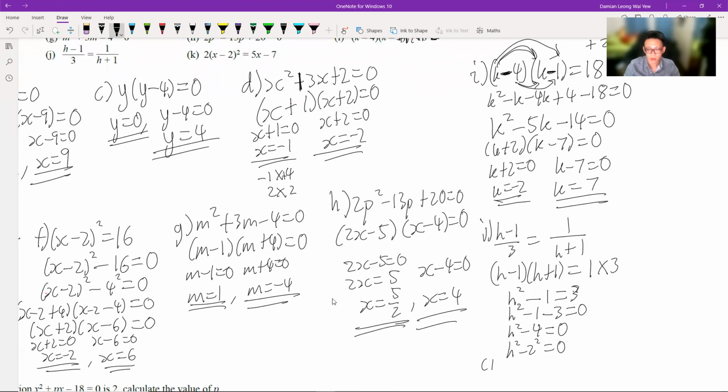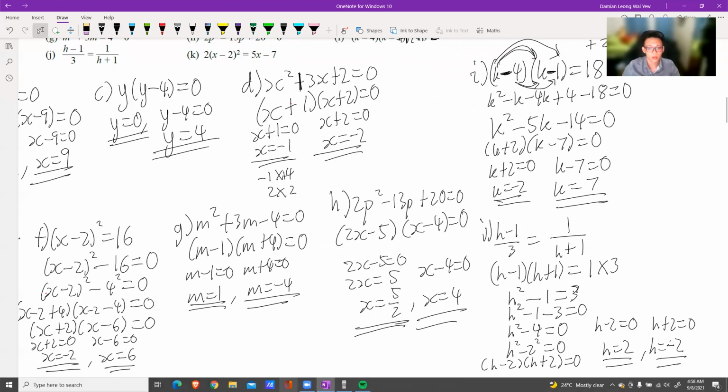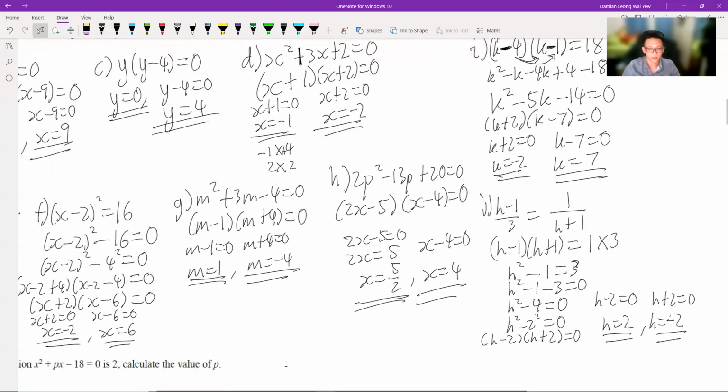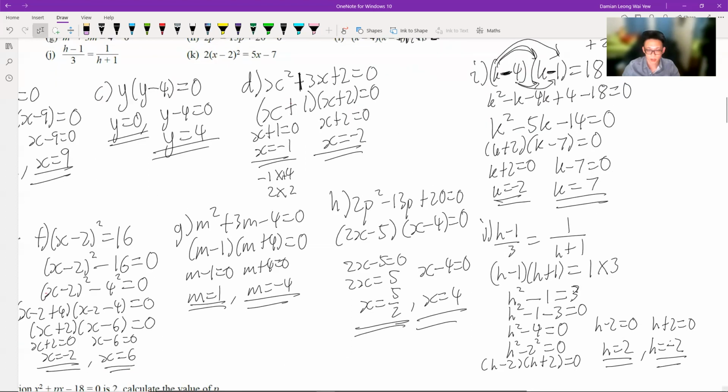So you factorize 1 bracket minus and 1 bracket plus. Means it's either H minus 2 equals 0 or H plus 2 is 0. H is 2 or negative 2. That's the part J. All right. Then we have part K.